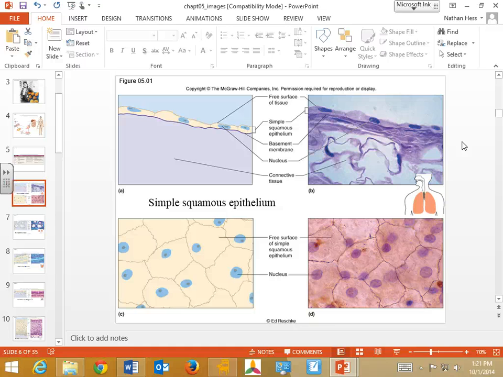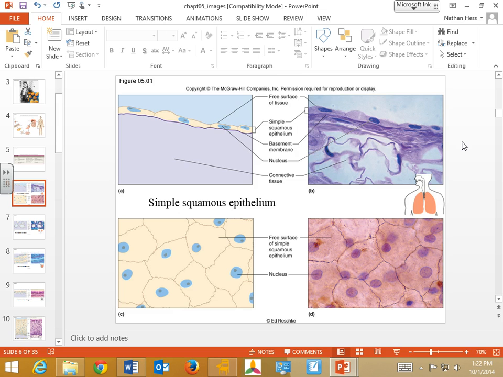So you only want this very thin layer of cells, and that's what squamous means. What does squamous mean? If you look in the very beginning of your chapter, there's a little root directory on the top of the opposite page. Flat or scale-like.